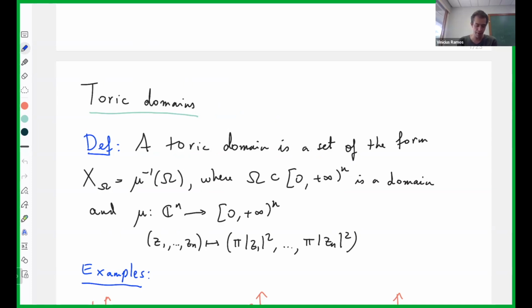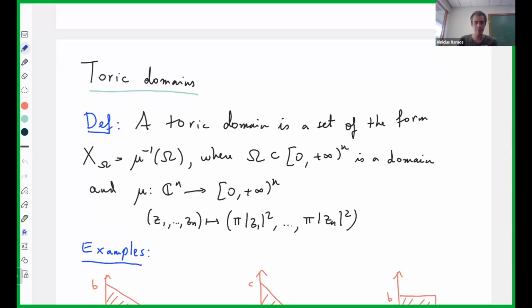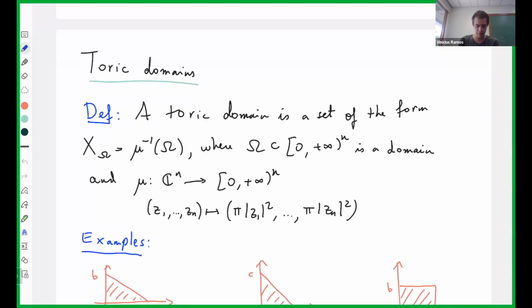It's the same thing as taking a subset in Cn that's invariant under the standard Hamiltonian toric action. But this way, we put the image of the moment map already in the notation. This is very well known and well studied.